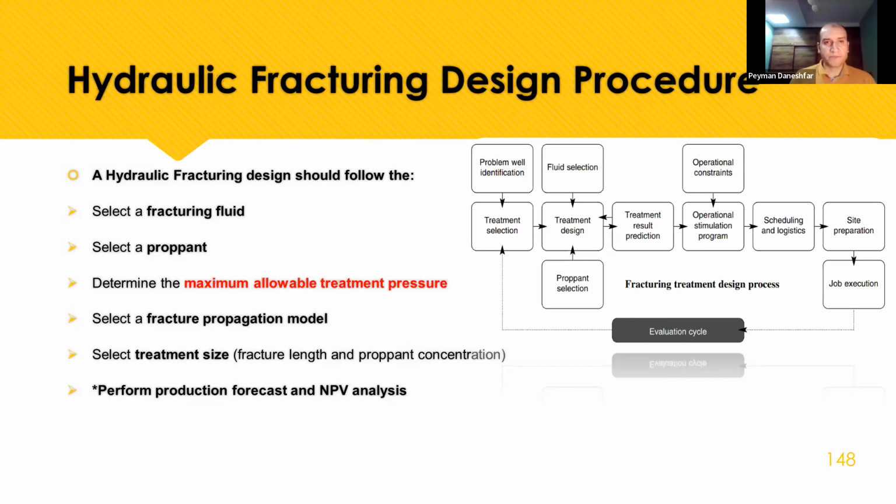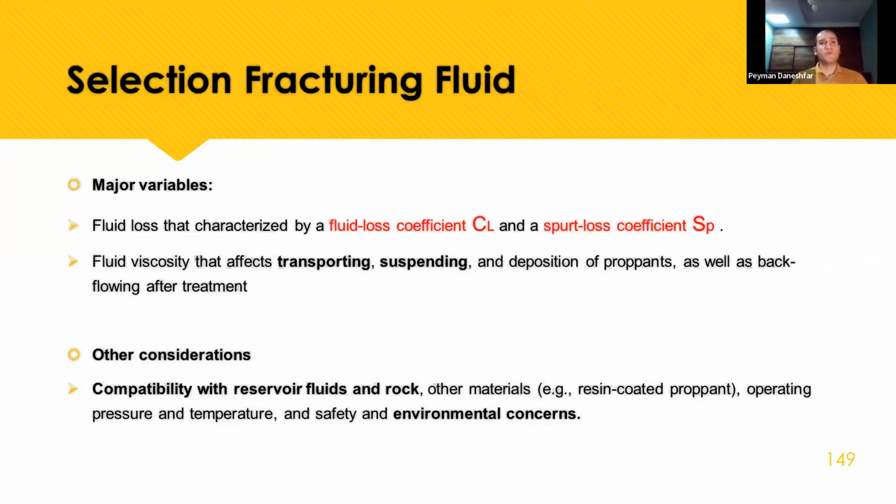So first, the selection of the fracturing fluid. Two major variables are important for us: fluid loss and fluid viscosity. Fluid loss is characterized by the fluid loss coefficient and spurt loss, which I explained before. The fluid viscosity affects the transporting, suspending, and deposition of proppant, as well as backflowing treatment and other considerations.